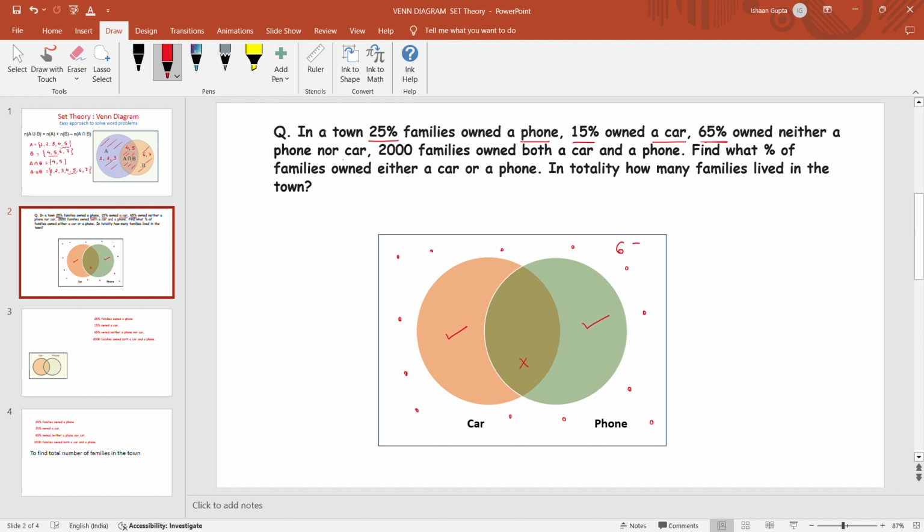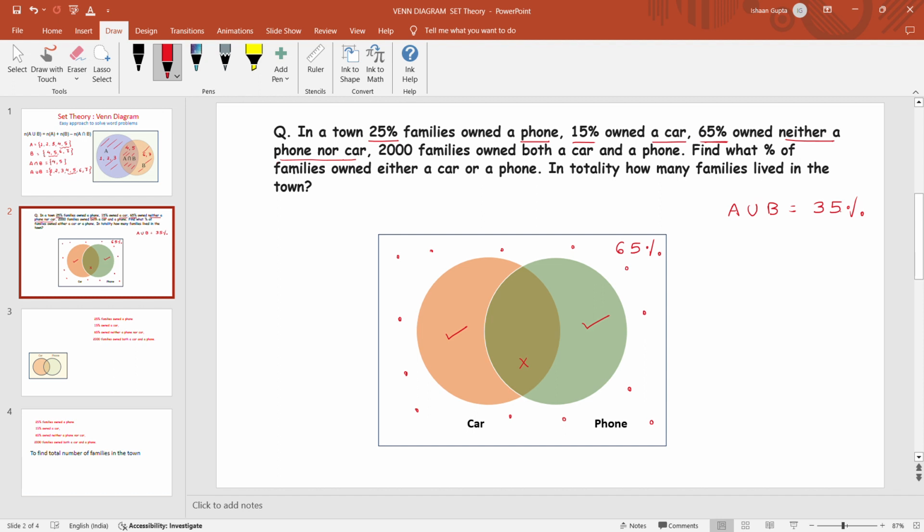That means 65% owned neither a car nor a phone. That means A union B is only 35%. That is the green and the orange percent is 35%, because 100% minus 65% becomes 35%.